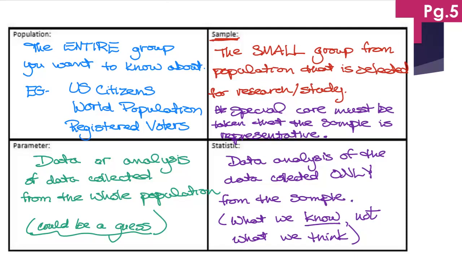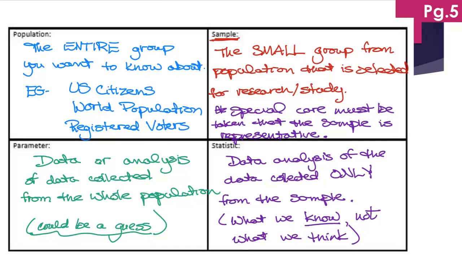So have you ever heard of the comparisons like on the SAT test? So it would be like population is to parameter as sample is to statistic. Or statistic is to the sample as parameter is to the population. Okay?